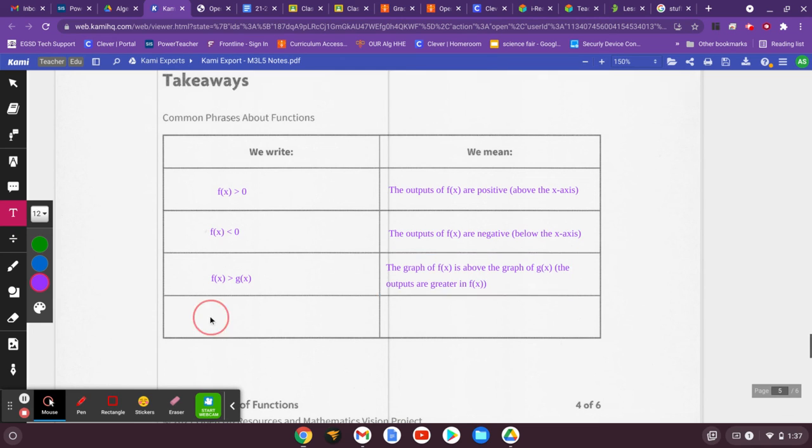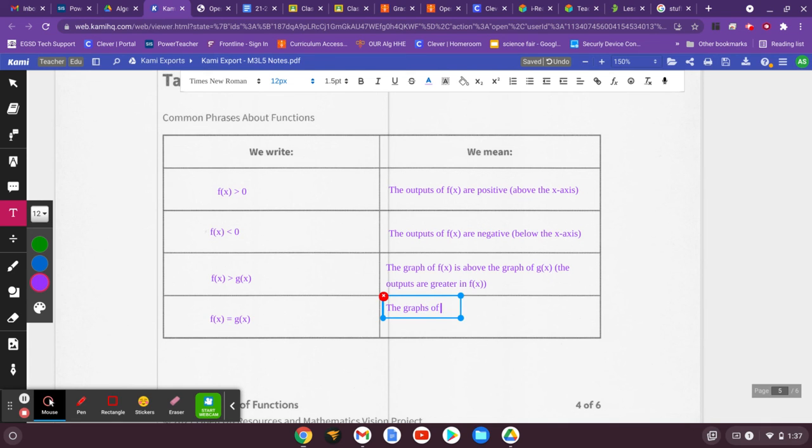And the last way we could do it, I'm going to say there's f of x equals g of x. So what that means is the graphs of f of x and g of x intersect, and the outputs are the same for that input value. So whatever input value we put in there, their outputs end up being the same thing.